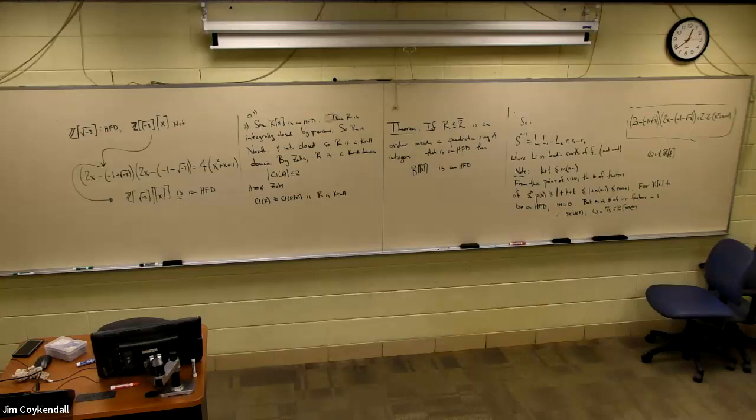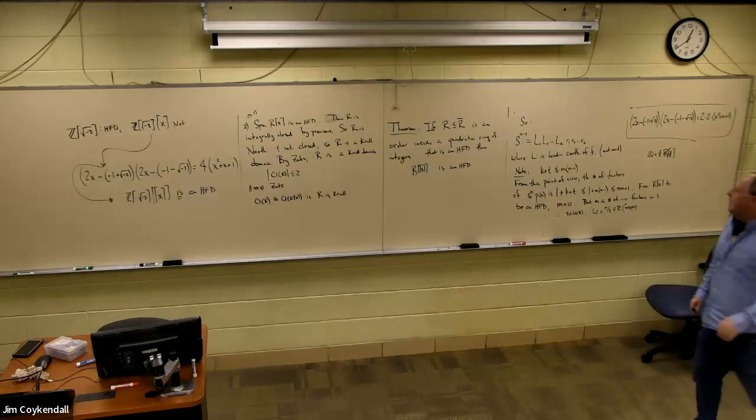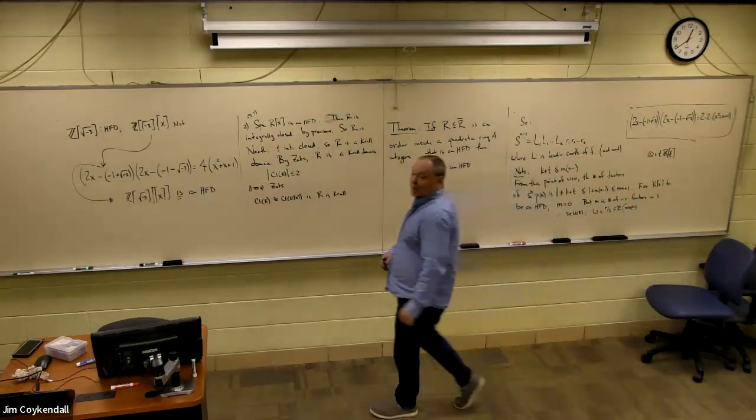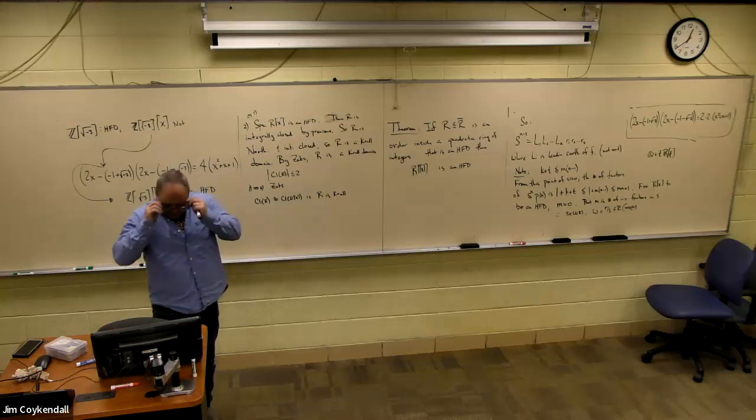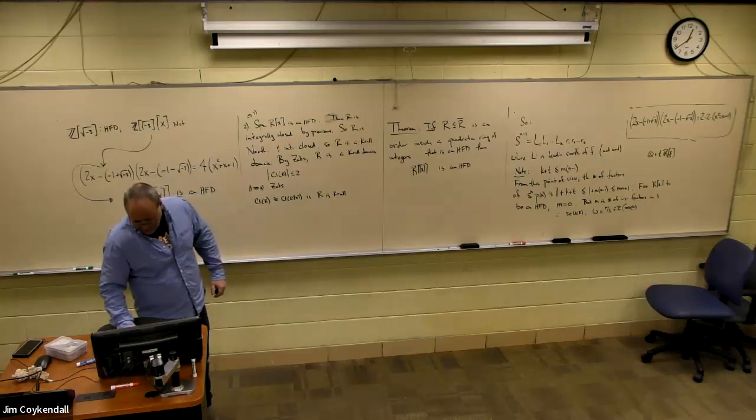And inside it, if you have an HFD order inside the quadratic ring of integers, then it's a power series HFD, even though R is strictly contained inside of R bar. That'll never work for polynomials, because if R is strictly contained inside of R bar, then it cannot be integrally closed.